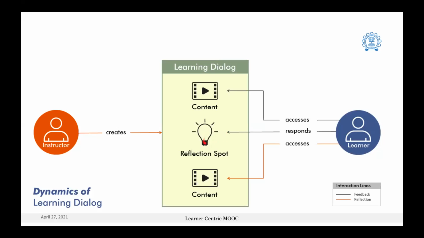You can have more reflection spots, and a reflection spot is a point where you can pause the video, or the instructor pauses the video and poses a question or gives a brief activity, and the learner is expected to respond to the question or the activity, directly there, just to make the learner pay attention to this particular question.